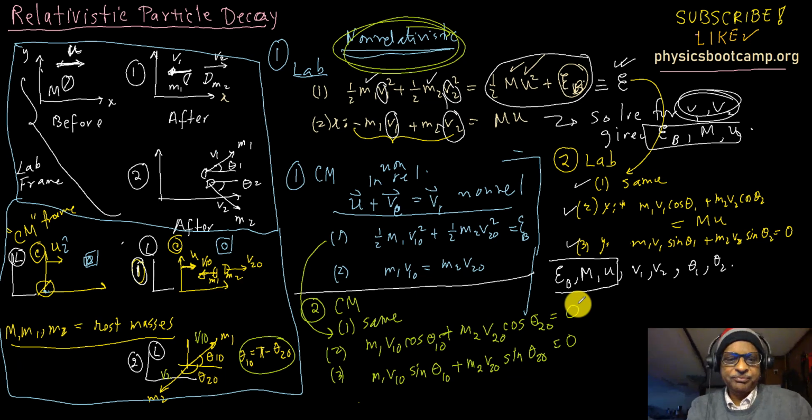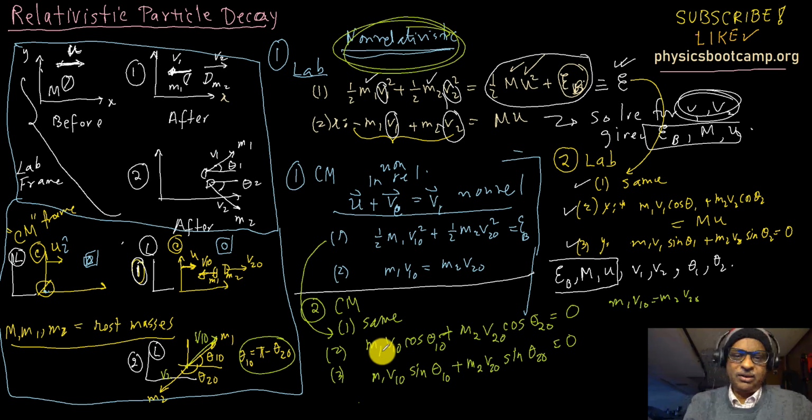And if I look along this, you can see m1 v10 must be equal to m2 v20 on the other side, right?